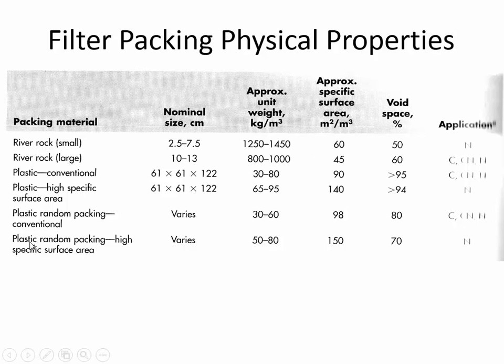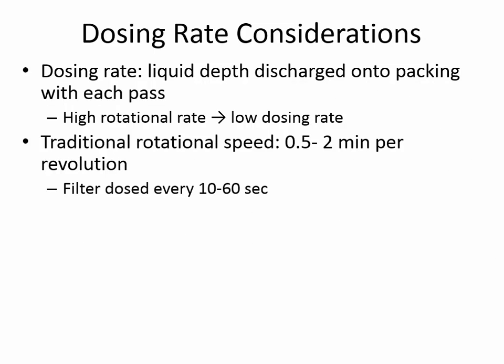The improvement of these plastic filter media is that the surface area is so much higher: 150 square meters of surface area for every cubic meter of volume. That's more than triple large river rock, which is at 45. So that's one of the key reasons, in addition to it being lightweight so you can make it taller, that the surface area is so much higher.